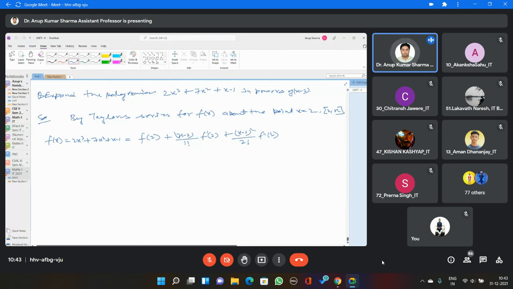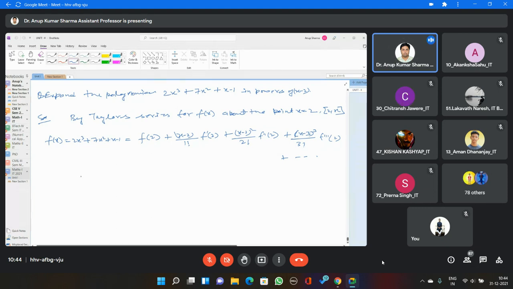And this is a polynomial, so after the third degree the terms vanish automatically, because it contains up to the third degree. So we can write all the terms, plus (x minus 2) cubed over 3 factorial f triple dash of 2. So by the Taylor series you write this.